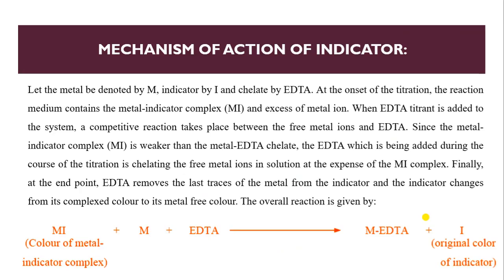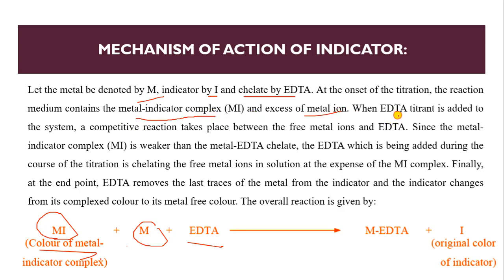Now we will see the mechanism of action of the indicator, how it will act. Let the metal be denoted by M, I is the indicator, and the chelate is formed by EDTA. MI is the colored metal indicator complex. The reaction medium contains the metal indicator complex MI and excess metal ion.